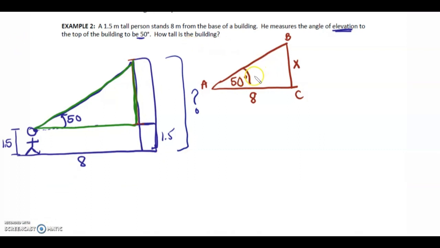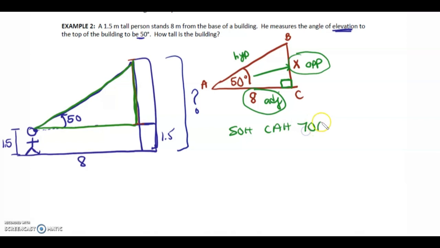So opposite 50 degrees is going to be the X, and then adjacent is going to be the 8. Okay, we can label hypotenuse, but we already know that we're going to be using opposite and adjacent. So when we write out SOHCAHTOA, the opposite and the adjacent are with the tan.